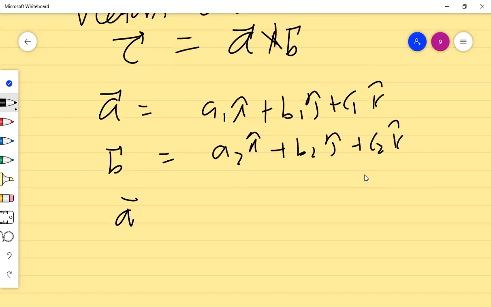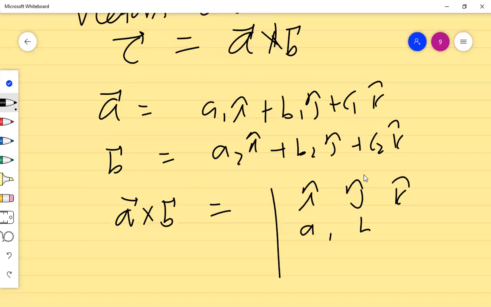Then A cross B equals, the simplest approach of finding the cross product of two vectors is taking the determinant with the coefficients of i, j, k. Okay, so this will be the cross product of the above two vectors A and B.